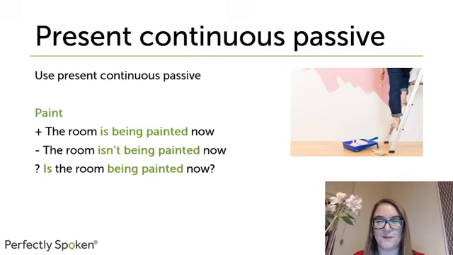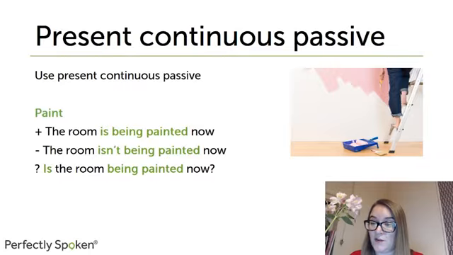Good. Let's check our answers together, and hopefully these are the 3 sentences you have. Positive: the room is being painted now. Negative: the room isn't being painted now. And question: is the room being painted now?